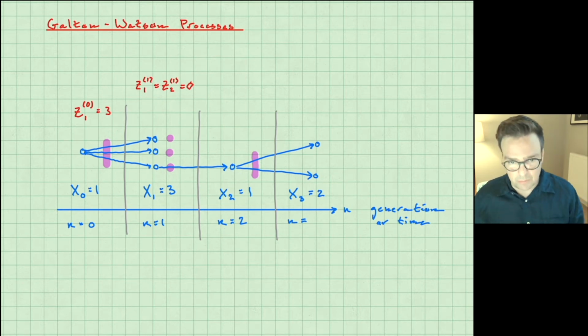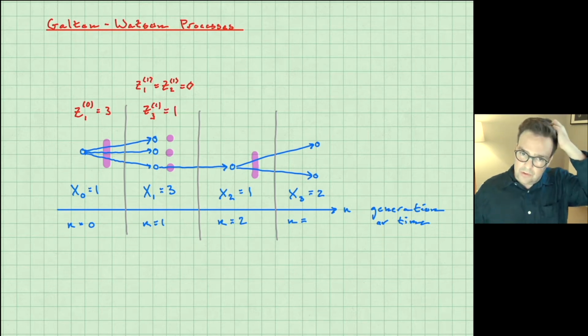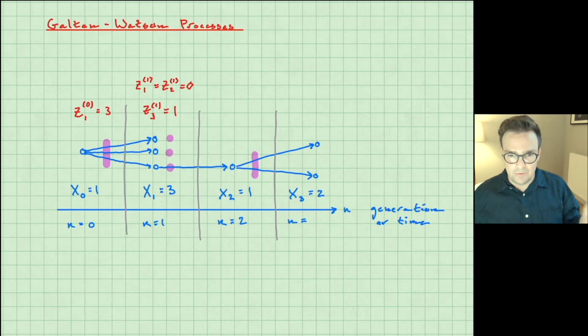Or you could say that their branching output was 0. And then the bottom one, that's Z3, and again we're at time 1, that guy was equal to 1. So the third element of the population at that time produced an offspring.